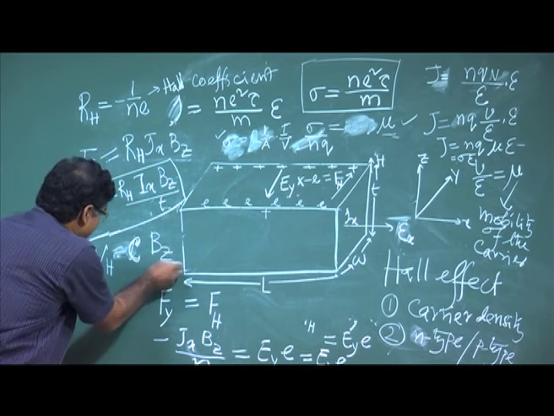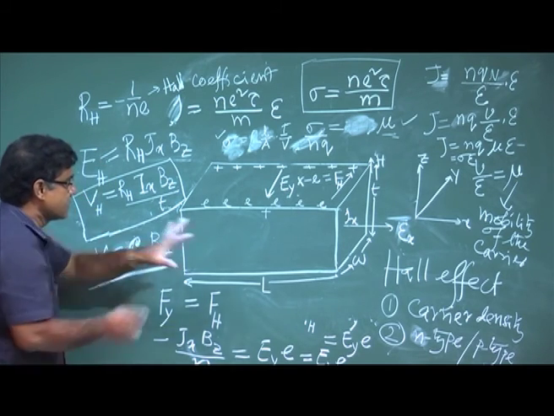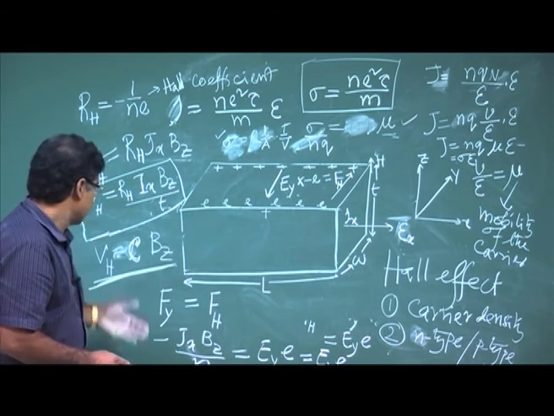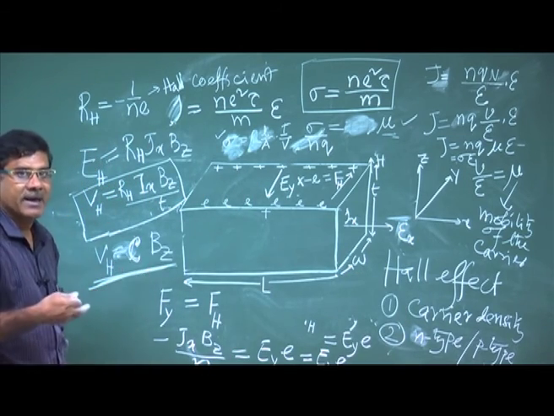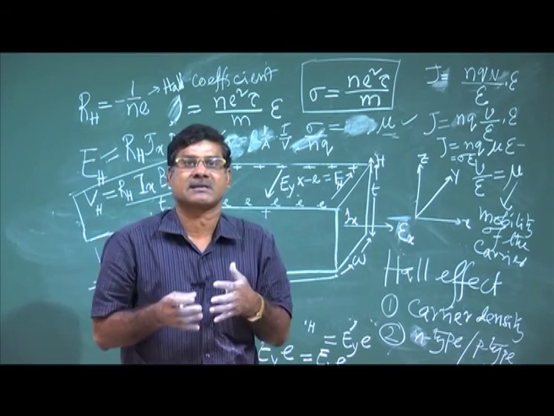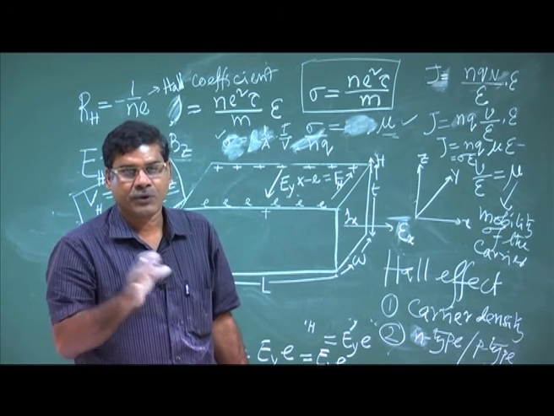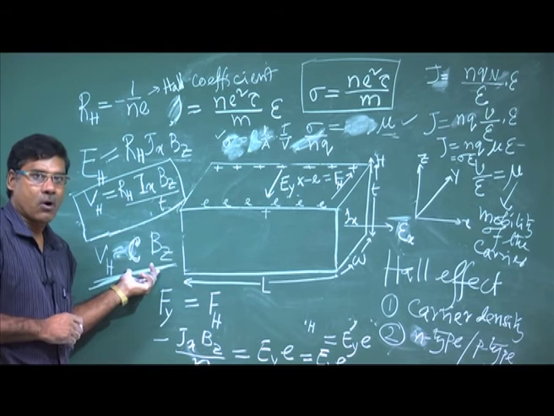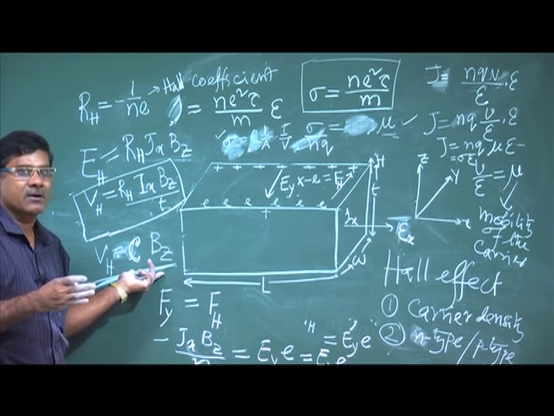So, using this Hall effect, this sample can be used for measuring the magnetic field. We use this sensor in our laboratory to measure the magnetic field. This is called a Hall sensor or Hall probe.